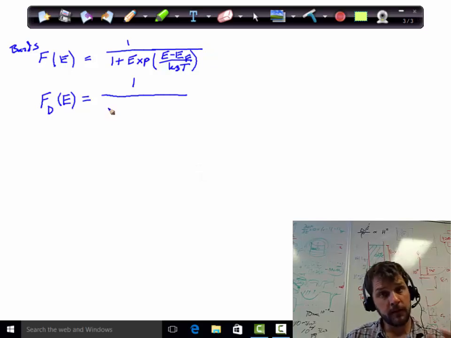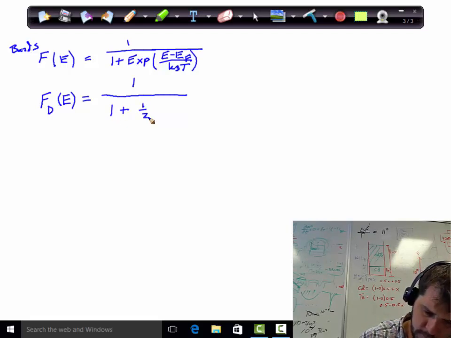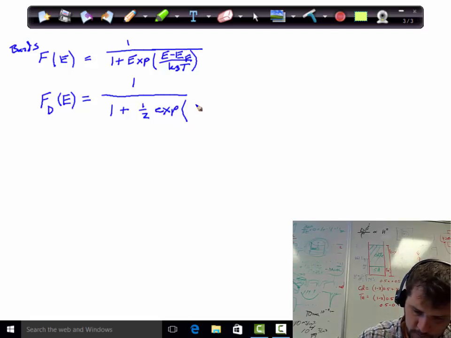And in the case of donors, you have a slightly different expression, which has a little factor called the degeneracy factor that comes before the exponential. And in this case, you use the energy of the donor minus EF over kBT.